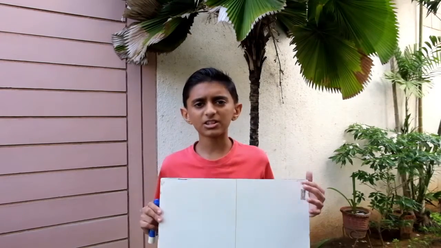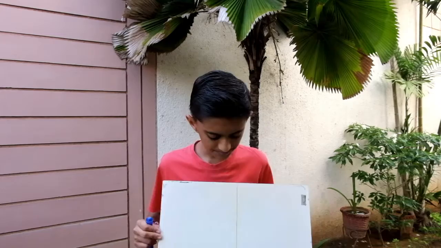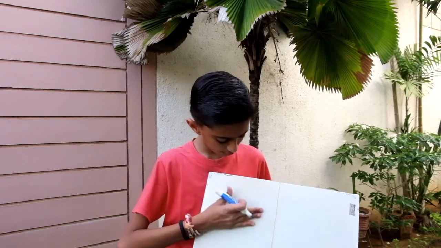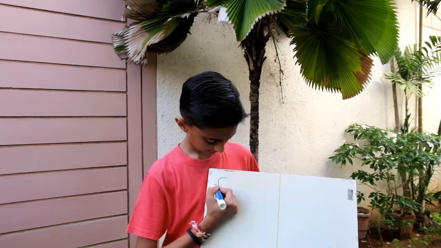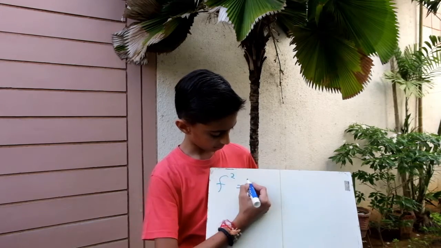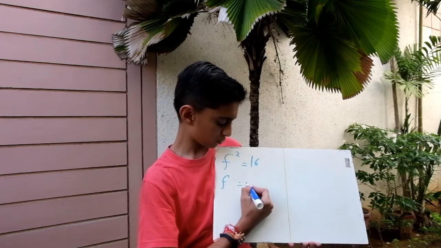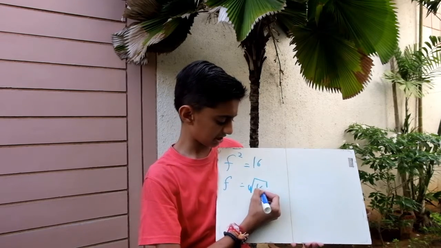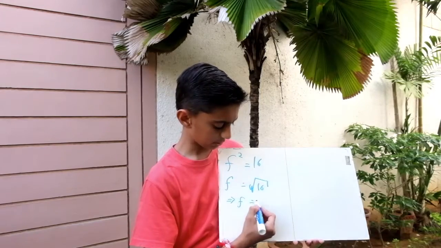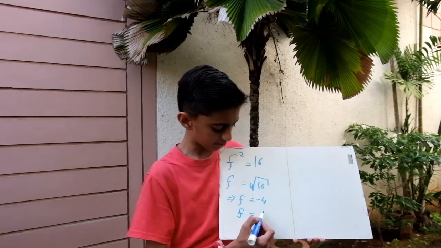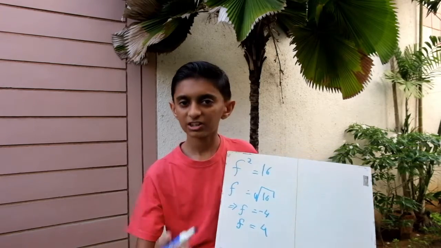When he was making his calculations, he came to an equation. You might be studying mathematical equations, right? So you know that for an equation f square is equal to 16, there can be two options: f is equal to root 16, that is f is equal to minus 4, as well as f is equal to 4, right?